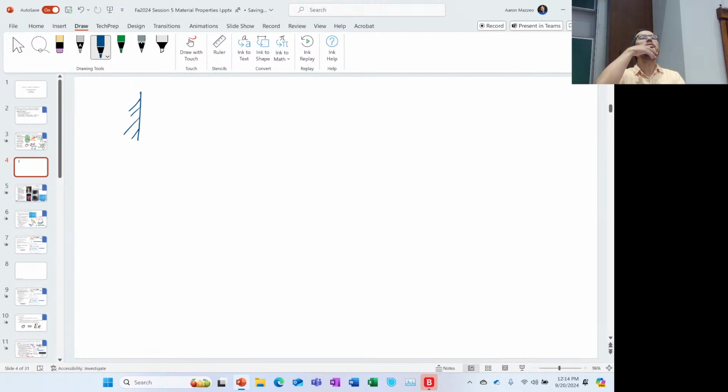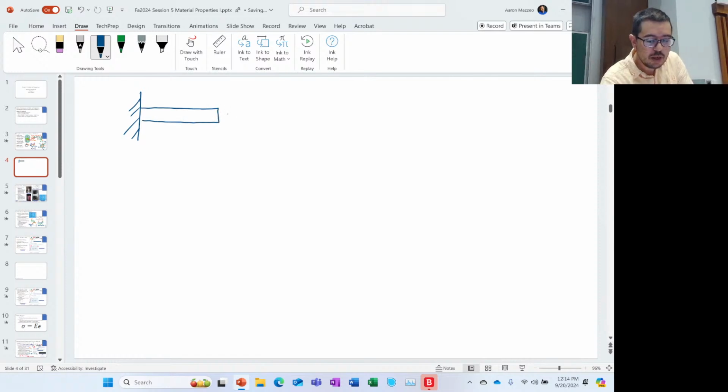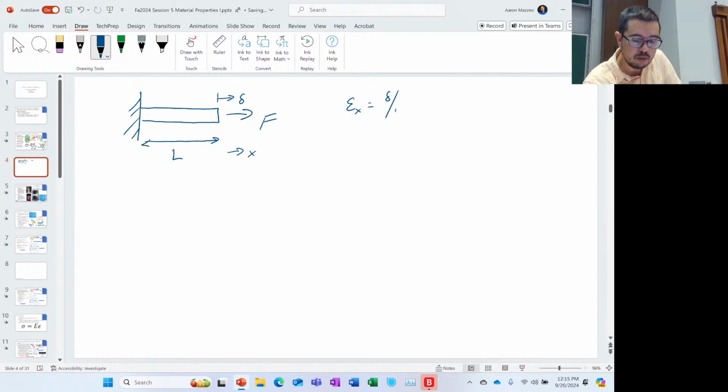We've started class. All right. So if we have a bar, okay, and there's a load on that bar, and it has some displacement like that, okay, what we said is that, if I'm interested in the x direction, we said briefly that the strain in the x direction is given by this delta over the length, right?